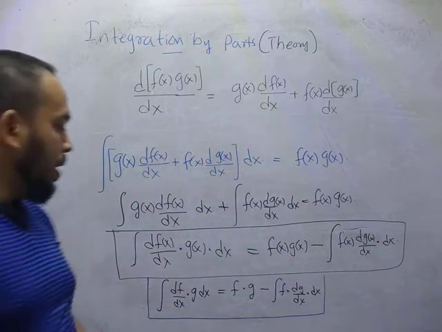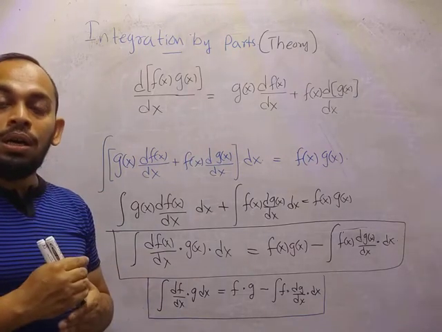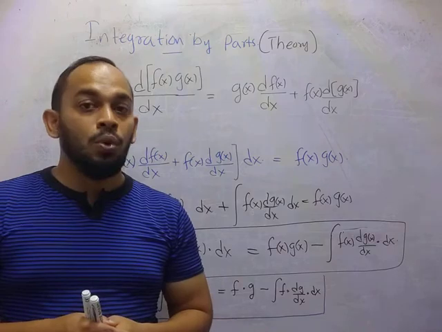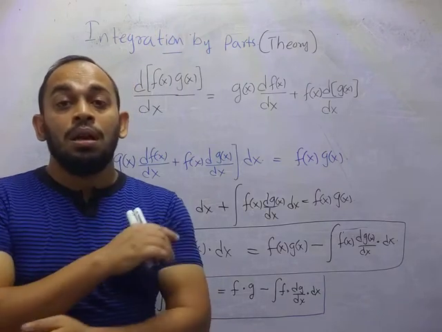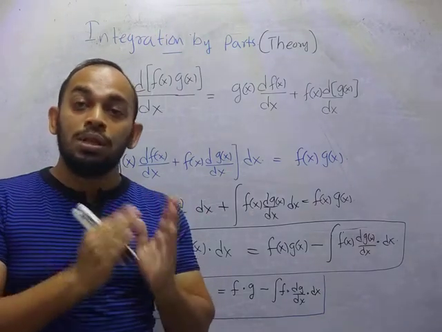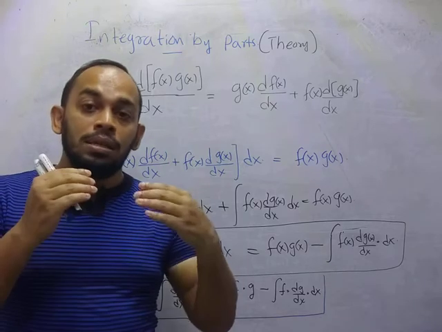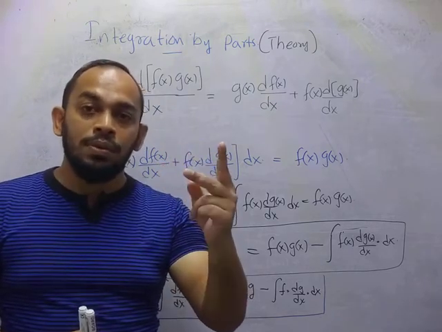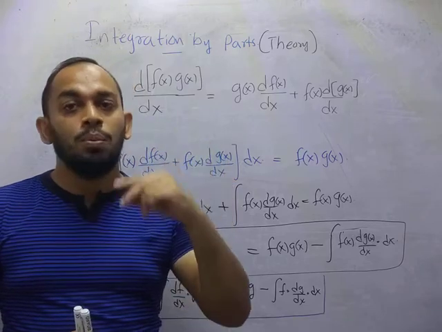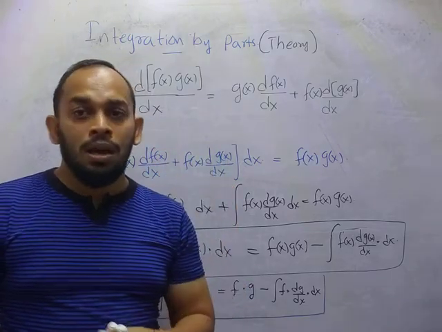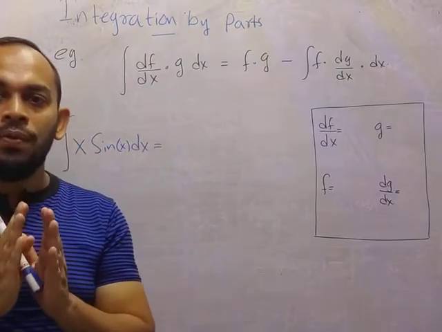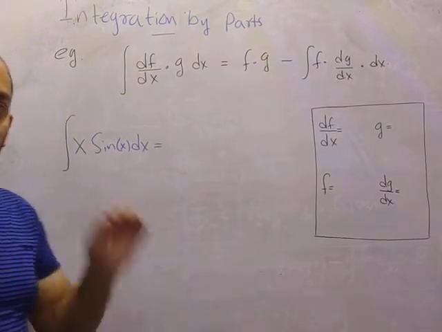Right. So now we'll move into examples, and we'll discuss maybe 3 or 4 good examples, because you should know how to use this technique. In some examples, you will have to use this technique twice, or more than twice, to get the final answer. Right. So this is how we are going to use this technique.